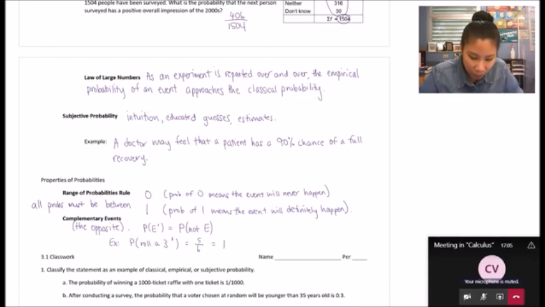This can also be found by taking 1 and subtracting the probability of me rolling a 3. The probability of rolling a 3 is 1 out of 6, because there's 1 face on the die, 6 total, and 1 minus that gives me 5/6. So in other words, the probability of not getting E is the same as 1 minus the probability of E. That's kind of nice to use.